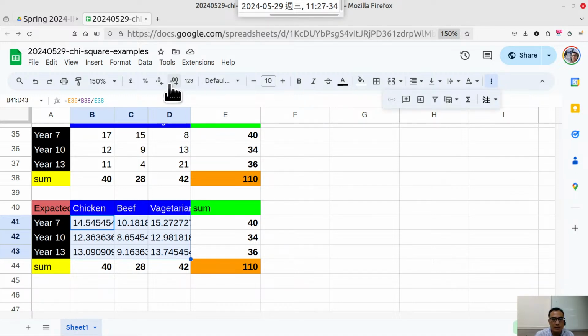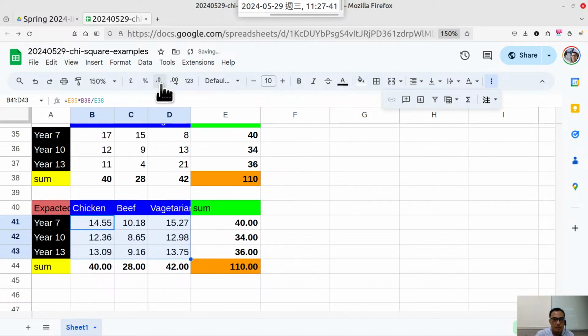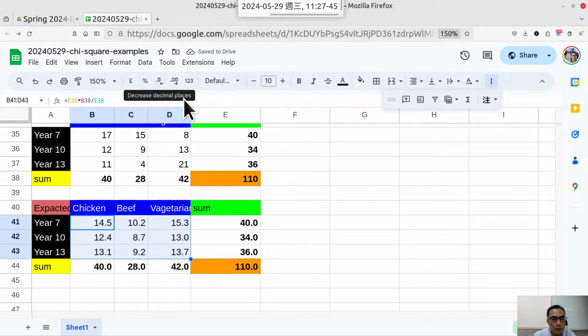Oh, okay, right here. You can click this symbol to decrease the decimal places.